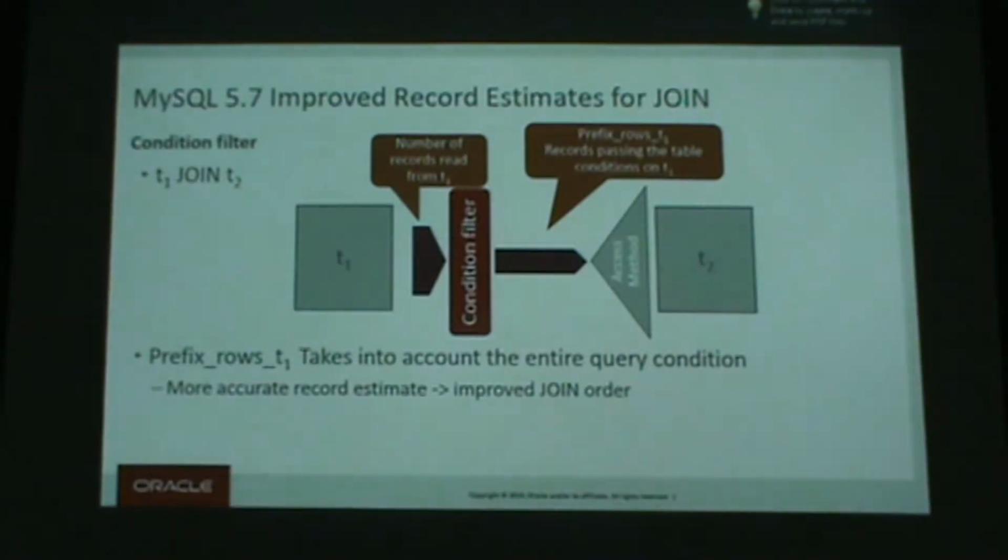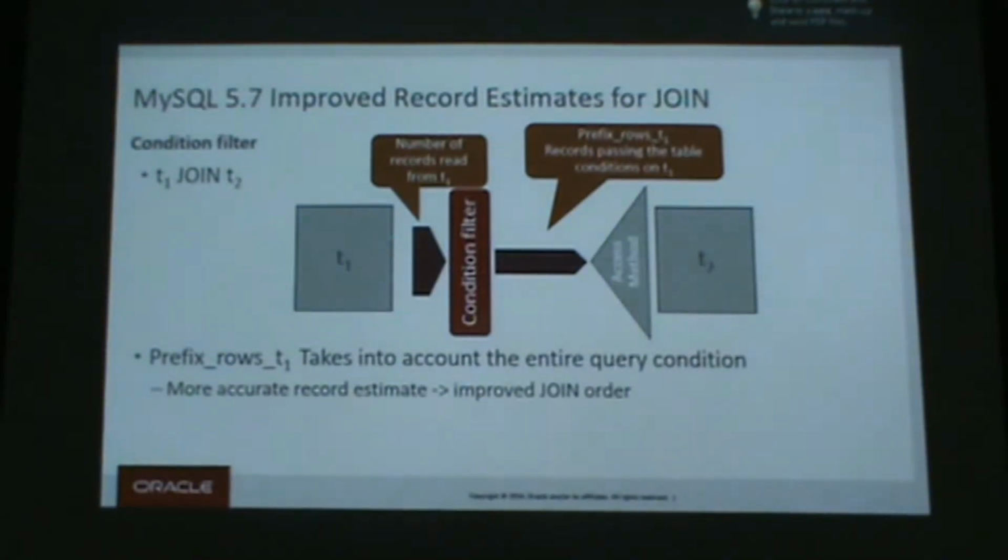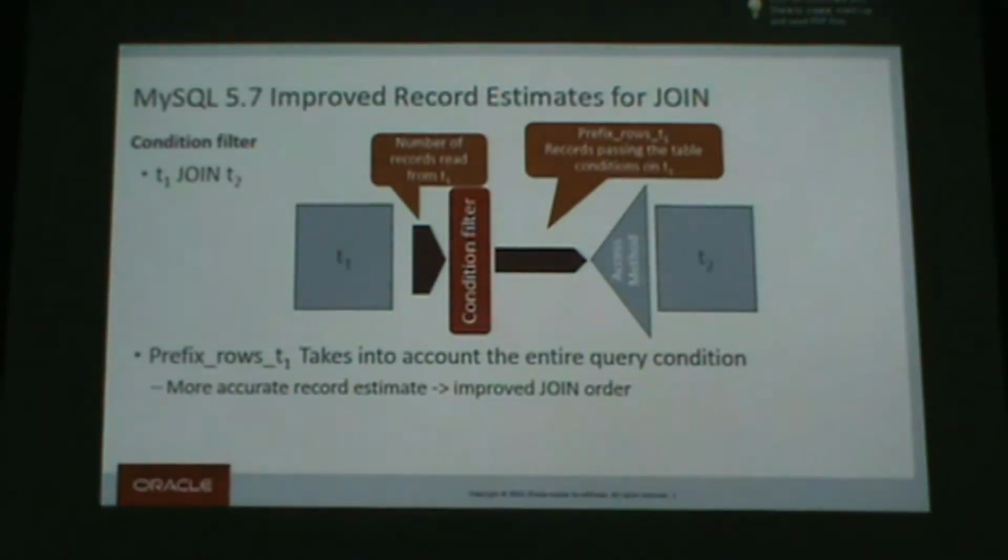So what should the final cost be? Final cost should be 50 rows into the access method of T2, right? But earlier it was 10,000 into access method of T2. So because of that the cost used to vary for a particular plan, and based on that actually we used to make the decisions.